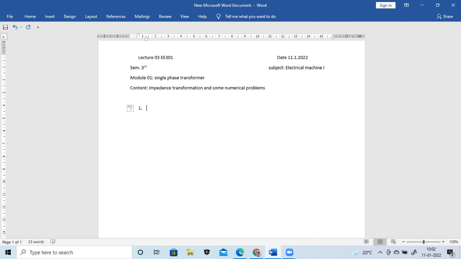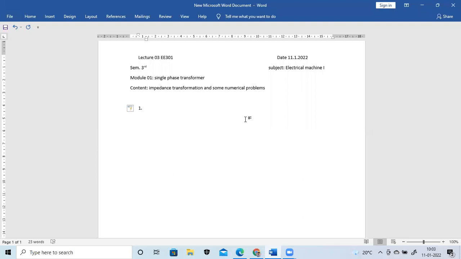Voltage of the primary side to the secondary side or secondary side to primary side is the direct turns ratio. If you want to represent V2 on the primary side, have you remembered the previous equation for the impedance transformation?